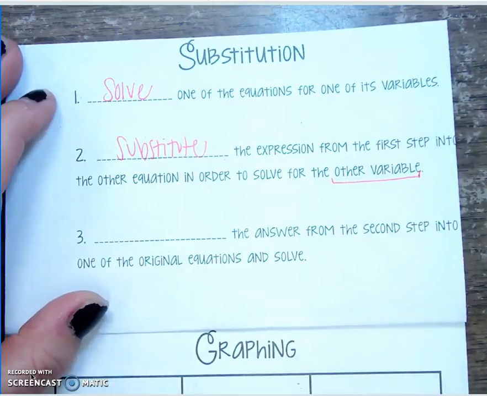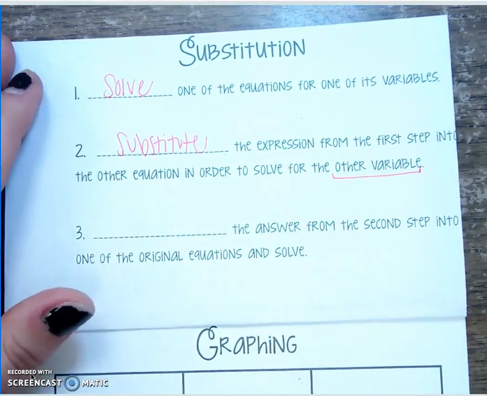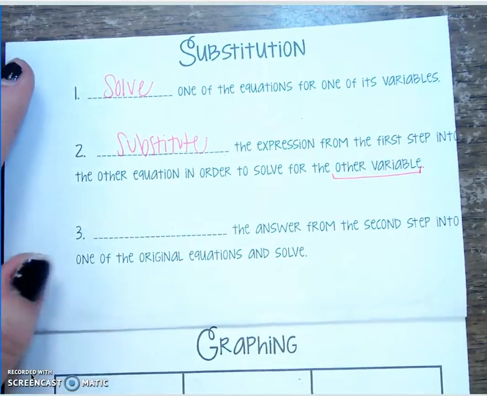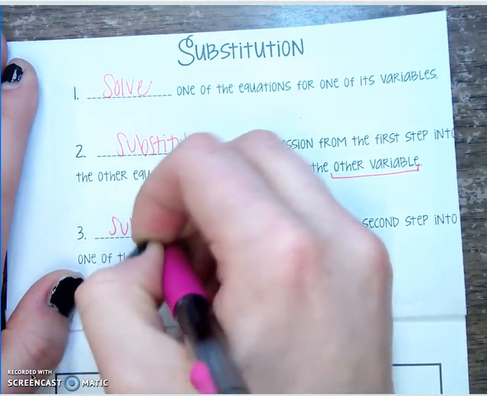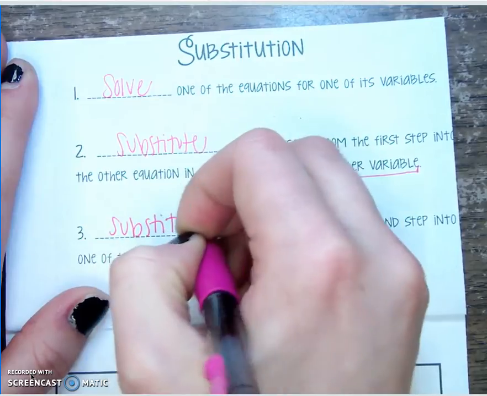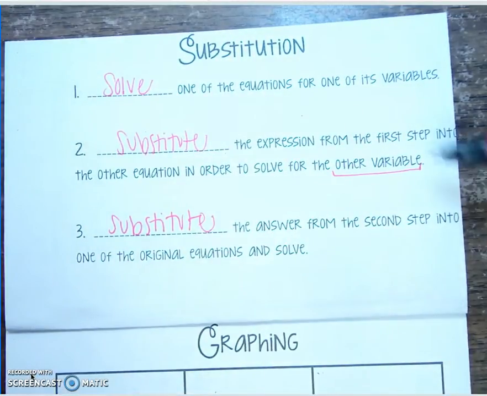Typically that will be x. And then lastly, I'm going to substitute the answer from that second step into the original equations to solve. So the same way we solve linear systems of equations, we're going to do it with a quadratic and a linear.